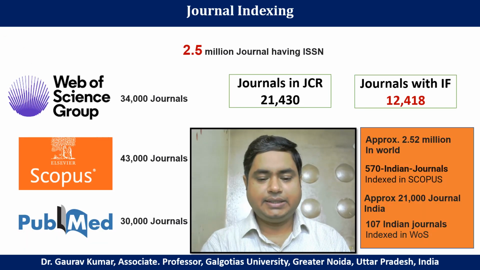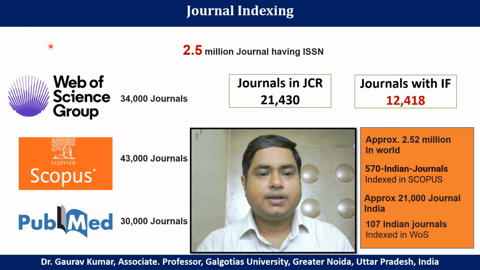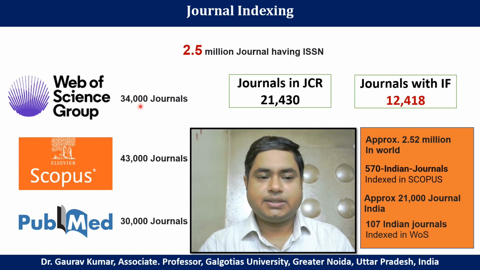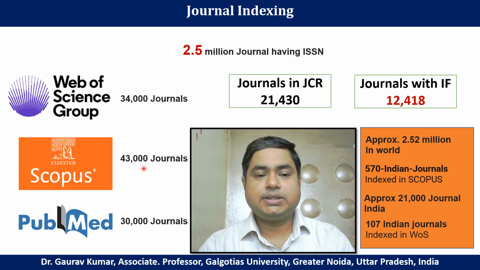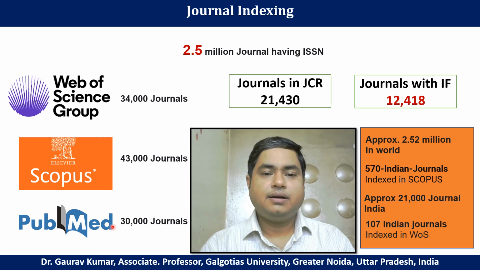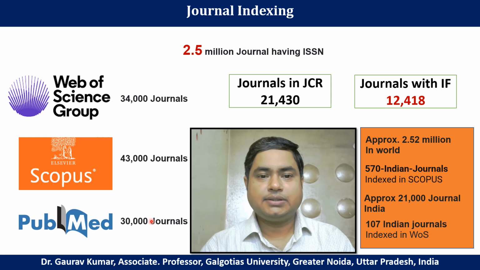Here you can see that Web of Science Group indexed more than 34,000 journals. Scopus also has more than 43,000 journals, and PubMed also indexed more than 30,000 journals.